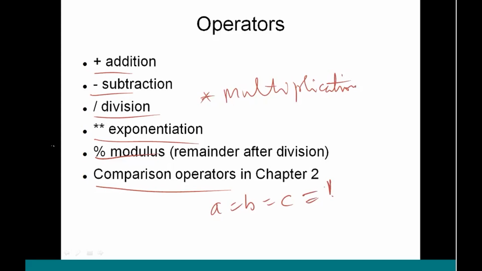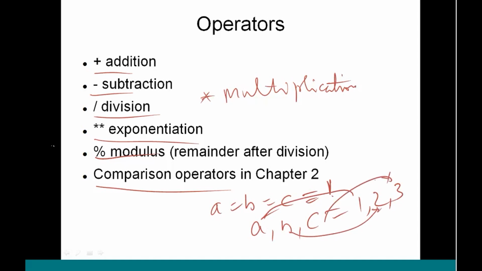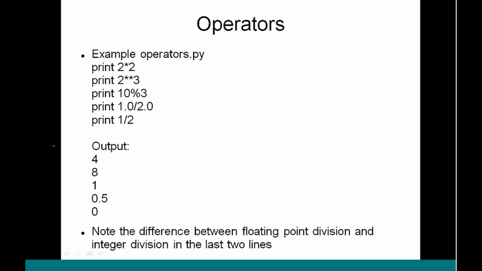Basically everything is assigned 1. You can also say A comma B comma C equal to 1 2 3. Basically A is assigned 1, B is assigned 2 and C is assigned 3. We will talk about some of these things also in the coming slides.